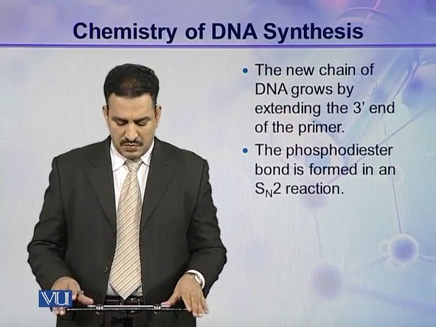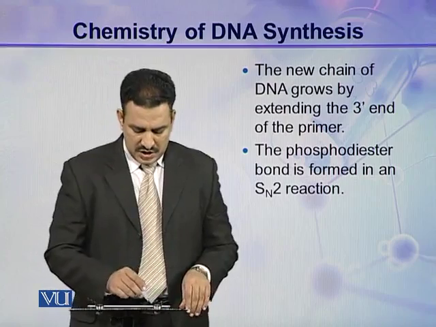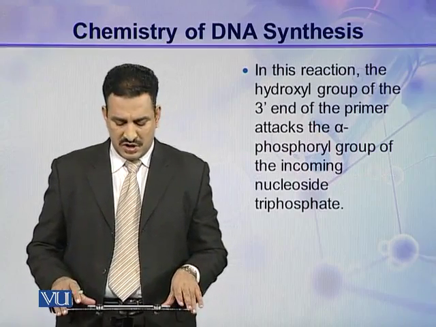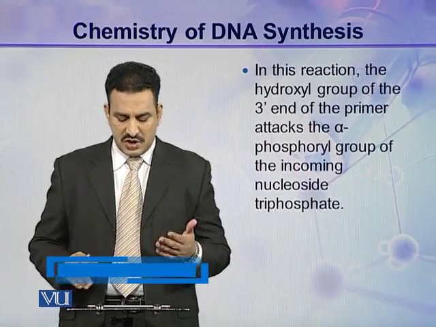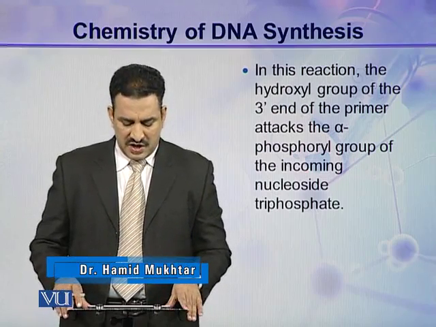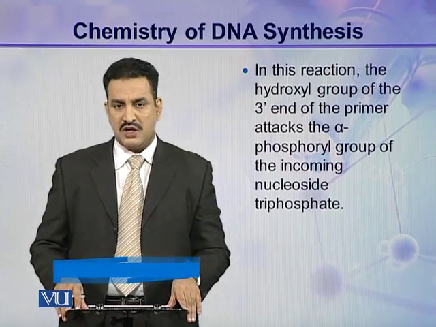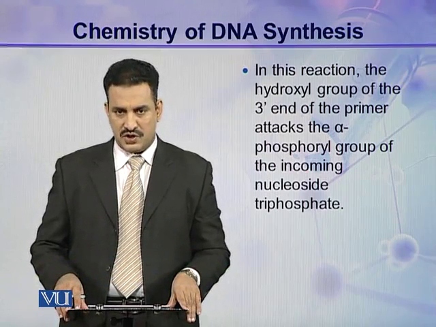This bond is formed in an SN2 reaction. In the SN2 reaction, the hydroxyl group of the 3' end of the primer attacks the alpha phosphoryl group of the incoming nucleoside triphosphate.